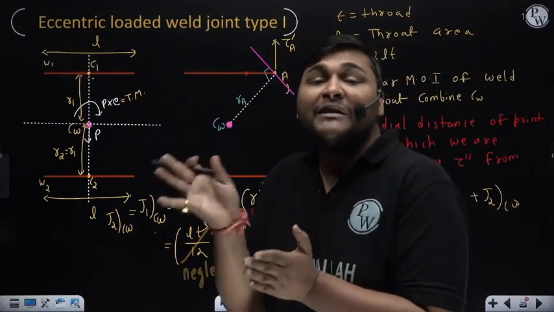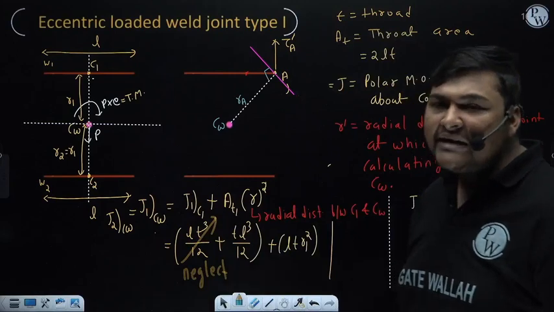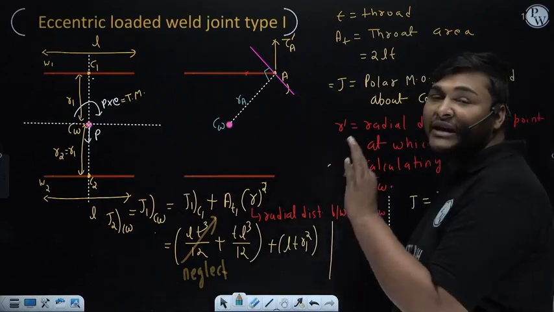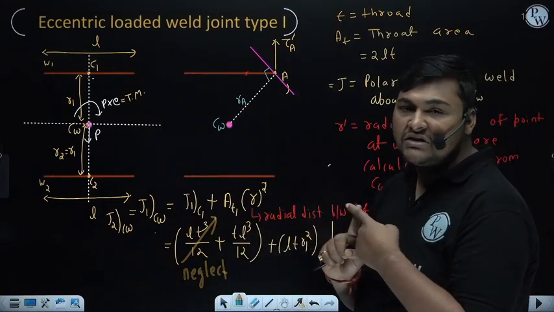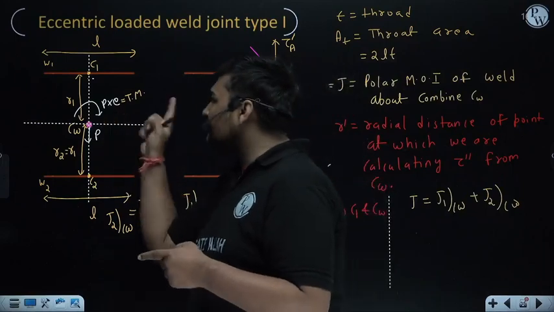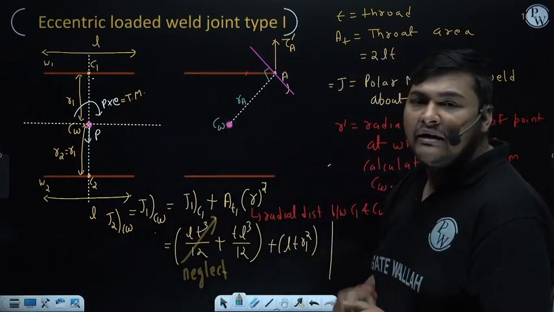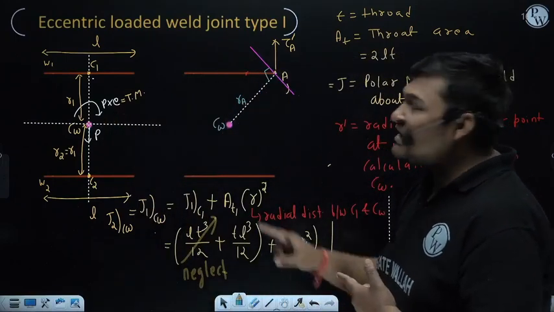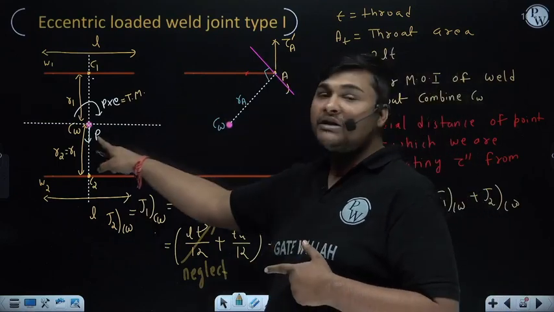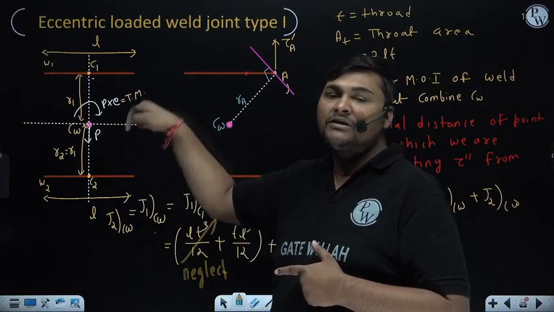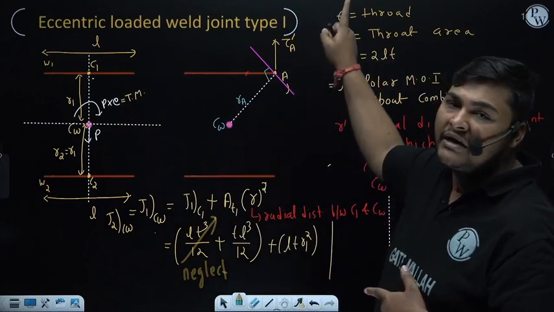But what will be the sense? So to decide sense, first see what is the direction of movement due to which secondary shear stress is coming. It is coming due to this movement which is in clockwise direction. Now when I was discussing the direction of primary shear stress which was coming due to force P, I had taken the opposite direction, means force P was downward, I had taken this as upward.